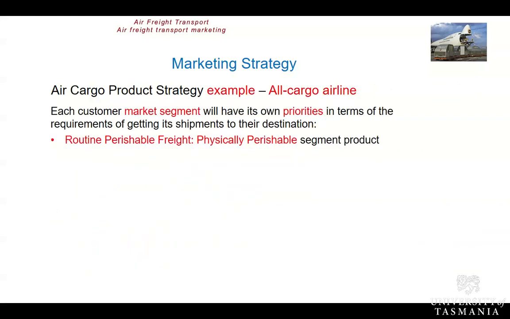Now, an example of how you might go about that, if you were articulating to me what your product strategy is for an all-cargo airline, it also goes with a combination airline or a passenger airline. I've selected a segment, so you've got to articulate it based on your market segment that you're servicing.